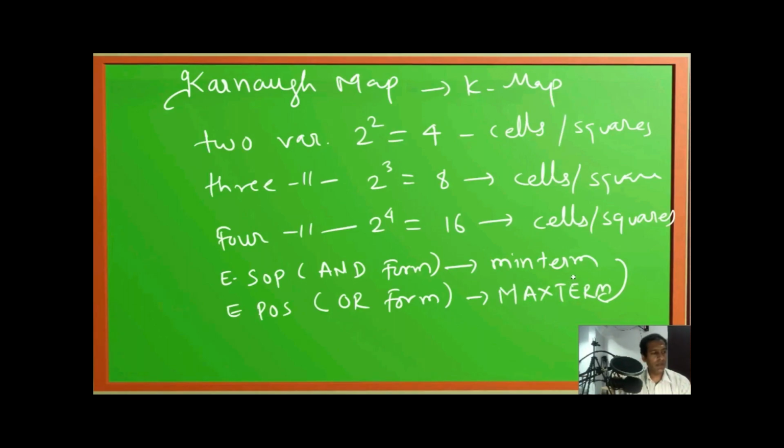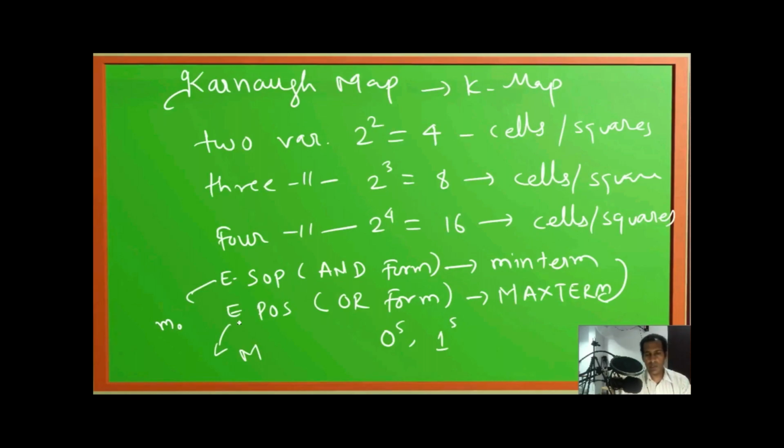For simplicity, min terms and max terms are usually represented as binary words in the form of zeros and ones. Min terms we represent by small m, max terms by capital M.